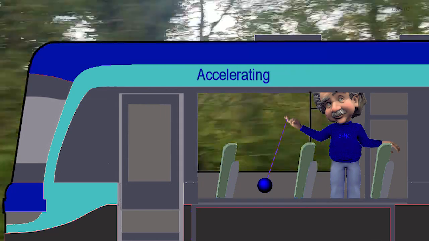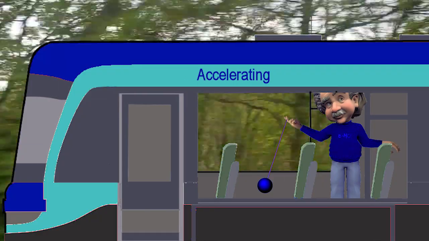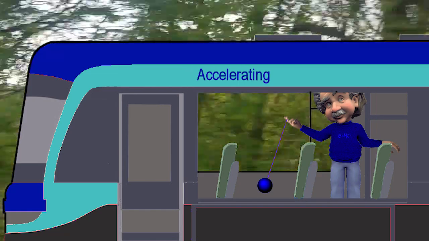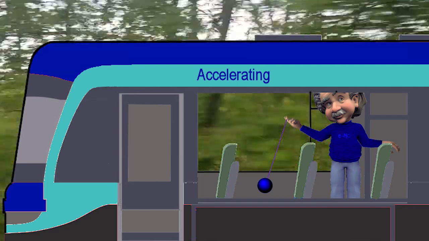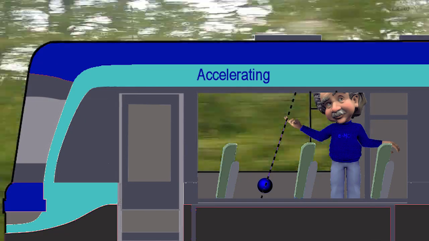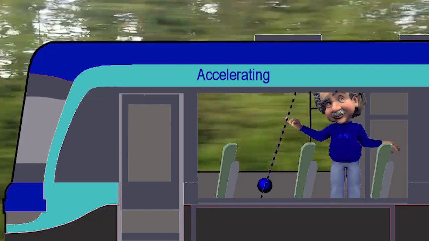The string in turn would pull to the right and keep on pulling the mass at the other end of the pendulum in order to increase its speed to the right faster and faster, so it keeps up with the accelerating train. The pendulum would come to equilibrium at some angle to what would be the vertical of the carriage, even though the train was travelling on a level track.